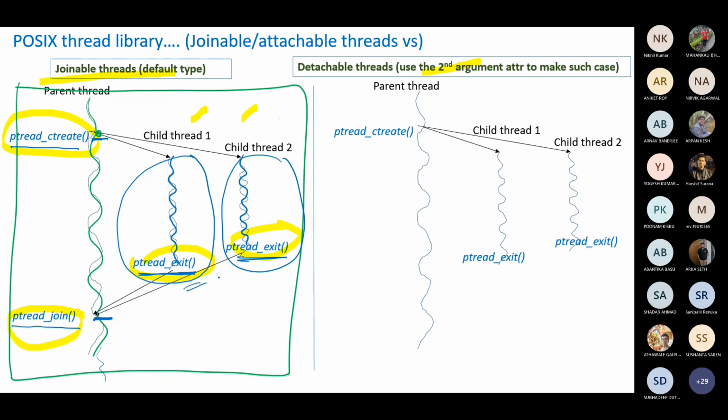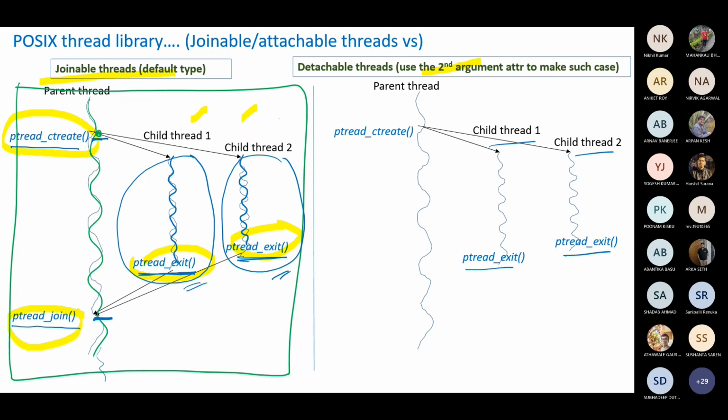The other option can be that the parent thread creates child threads 1 and 2, and the child threads exit at these points, but the parent thread never executes the pthread_join library function. In other words, something similar where the parent process forks 2, 3 or multiple children, but never executes a wait system call.